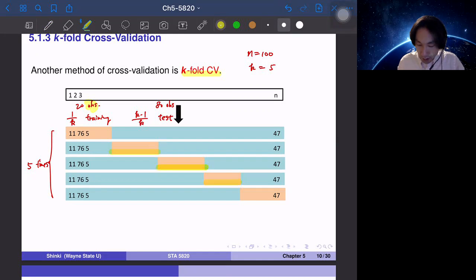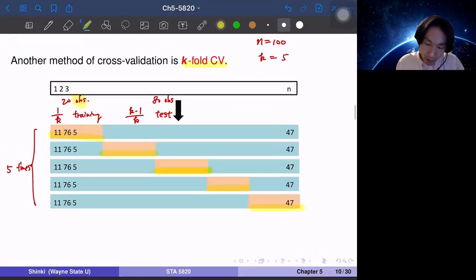And of course, these 20 should be randomized. Basically, we randomly divide 100 observations into 5 groups of equal size. Then we use just one of those as the test set and the other 4 as the training set. And we repeat that 5 times. So this is k-fold cross validation.